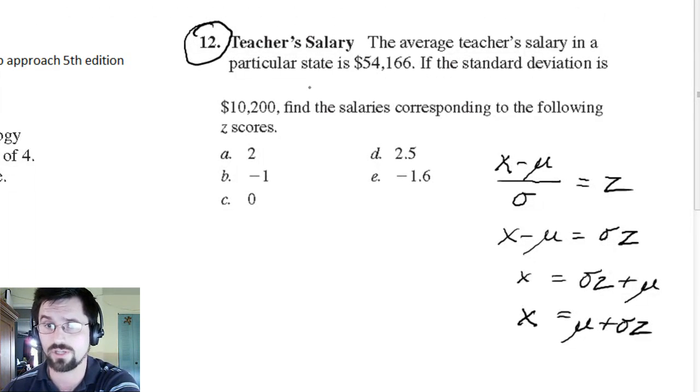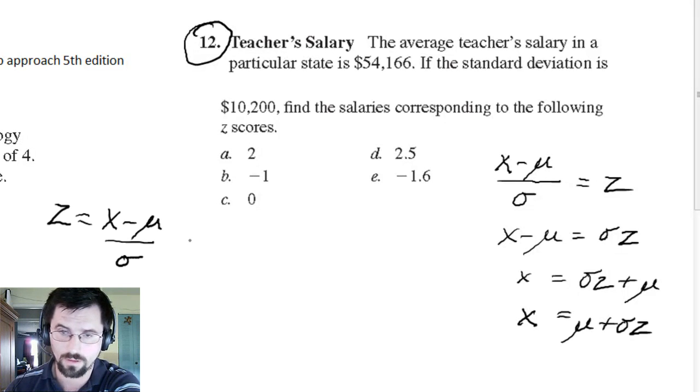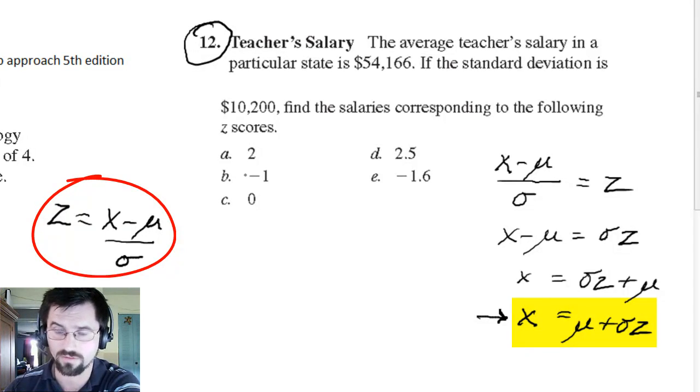If the standard deviation in that state is 10,200, find the salaries corresponding to the following z-scores. So to do that, we have 2 options. We can throw it in the formula we already know, or we can use this formula which I derived over here. I'll do it this way first, just so you can see why it works.